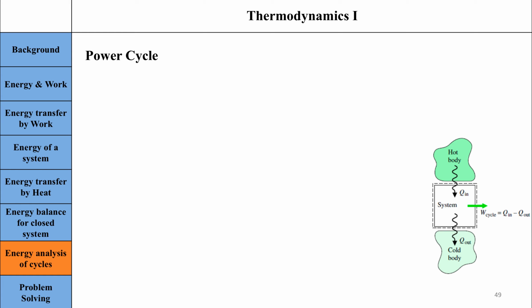But we need to define what a power cycle is. Any cycle that delivers a net work transfer of energy to its surroundings during each cycle is known as a power cycle.